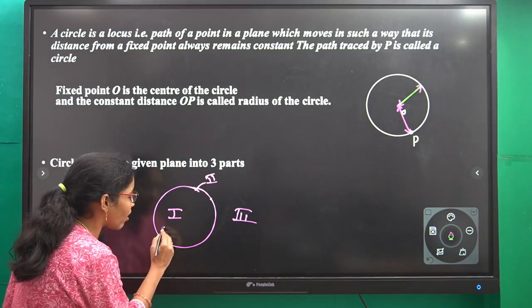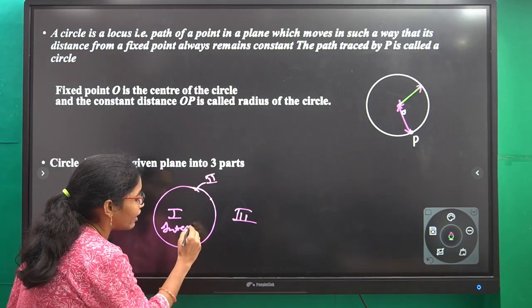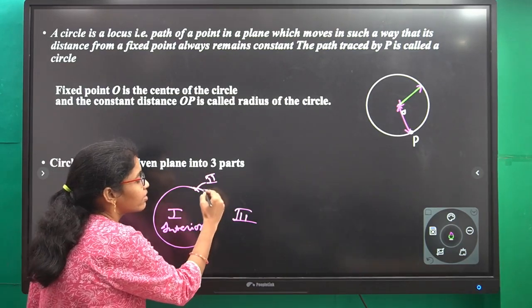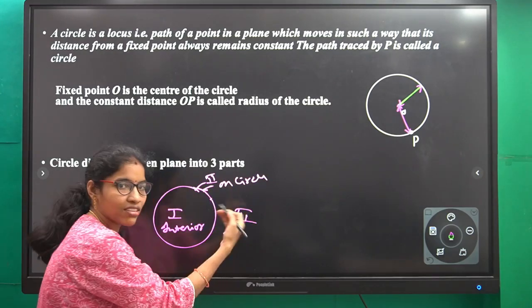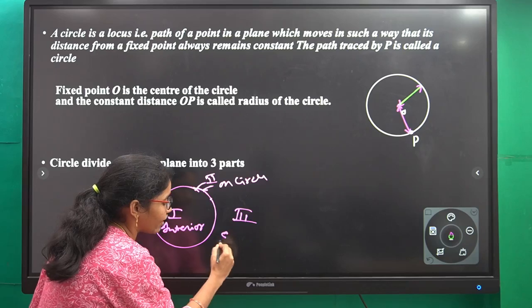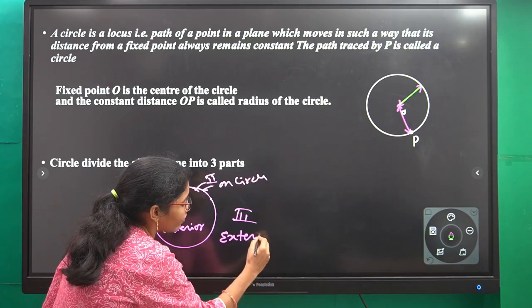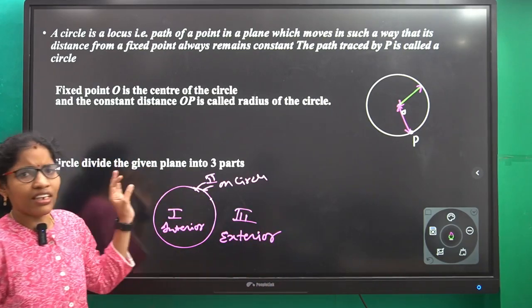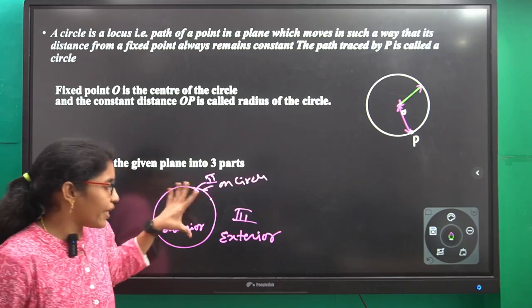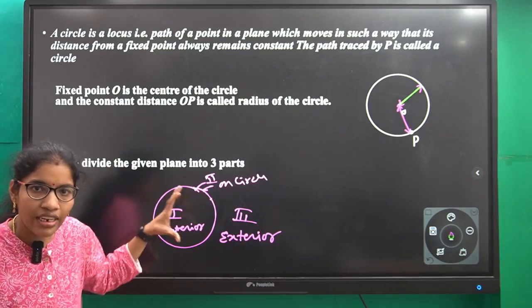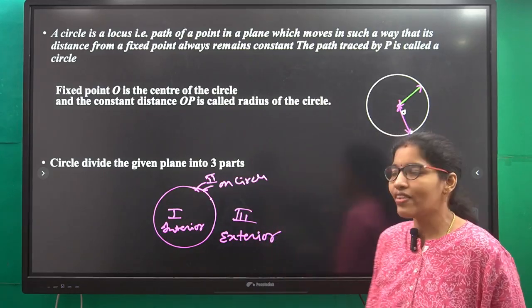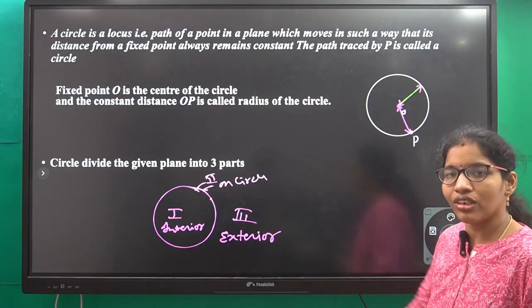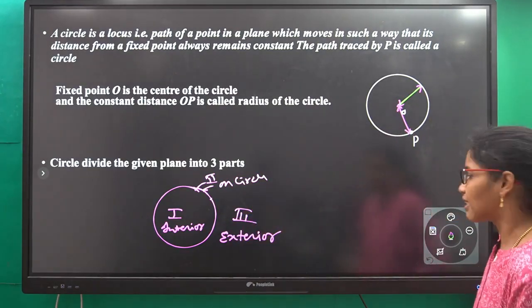The inside is called the interior of the circle, this is on the circle, and the outside is called the exterior of the circle. So any circle divides the plane into 3 parts: interior of the circle, on the circle and exterior of the circle. Clear? Now we will see some new terminology regarding this circle.